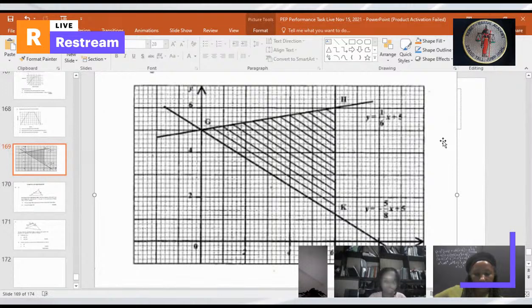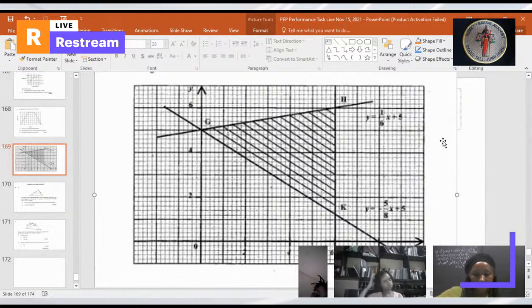So start with the simplest line, x equals 6. Would we put a greater than sign, a less than sign, greater than or equal to, or less than or equal to? It's less than or equal to. Why?